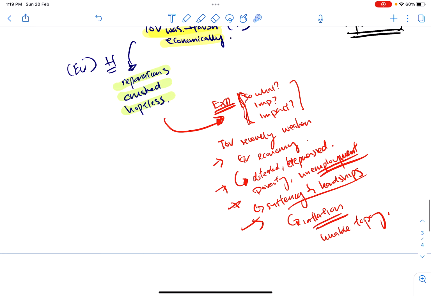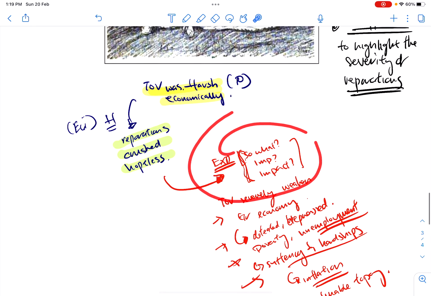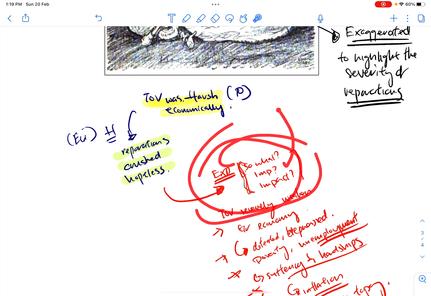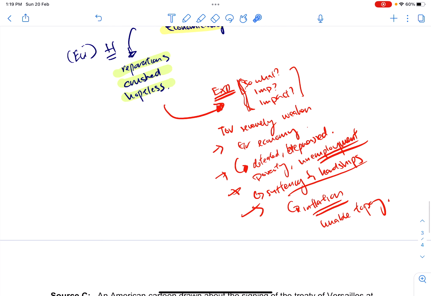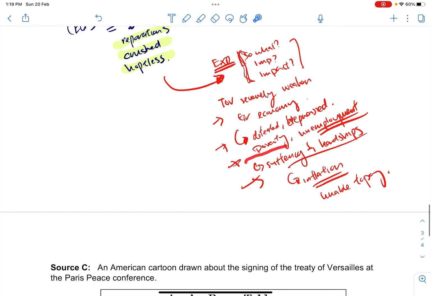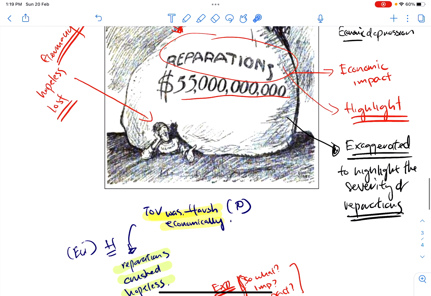So what? What's the implication of this? What's the impact of this? How does this imply that it's too harsh economically? This means it's very harsh because it's going to severely affect the economy of Germany. The people are going to feel defeated, depressed. The economic downturn is going to lead to what? So next scene, what does the next scene look like?